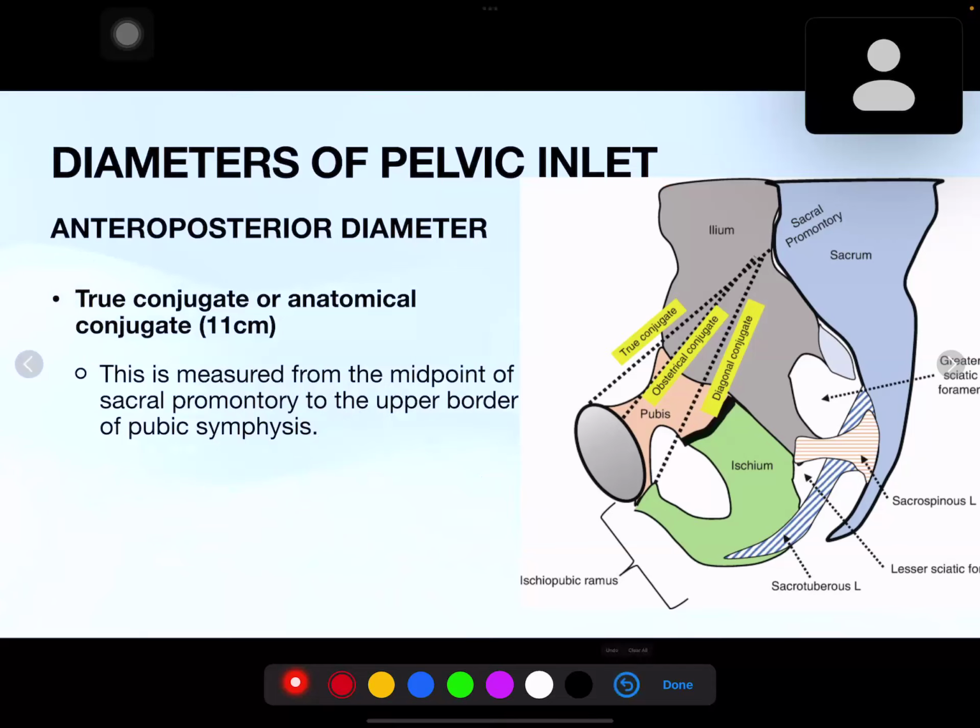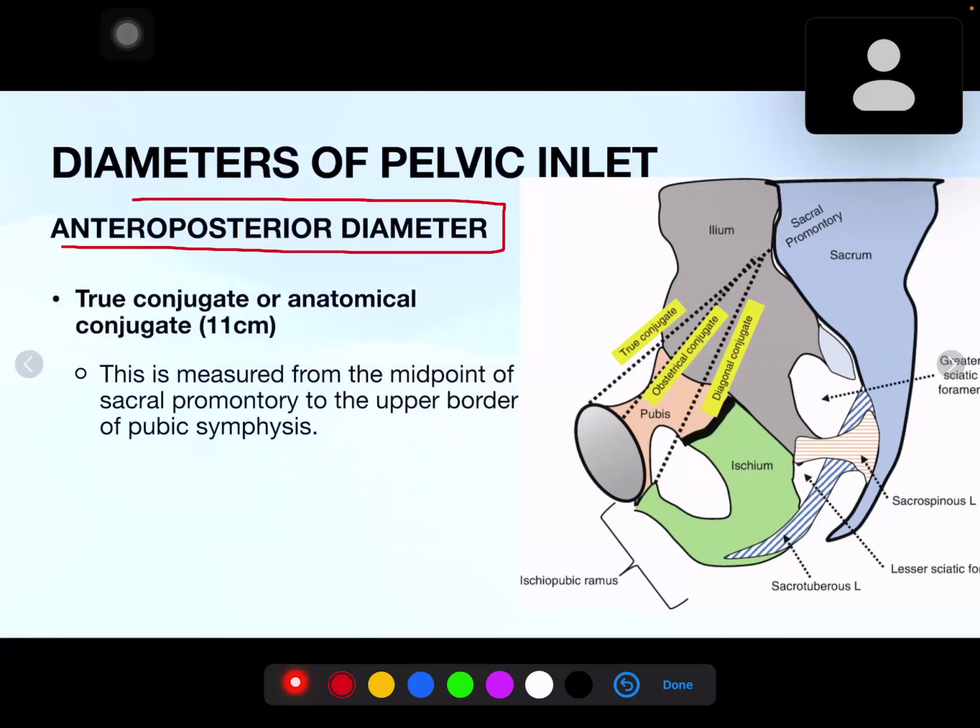So what is the next? The AP diameters. Now there are three AP diameters of the pelvic inlet, only of the pelvic inlet. One is called the true conjugate. See, it's written here.